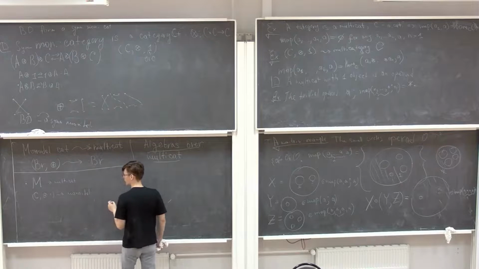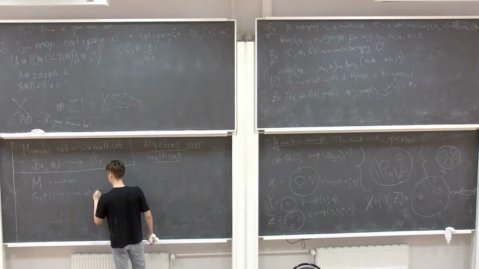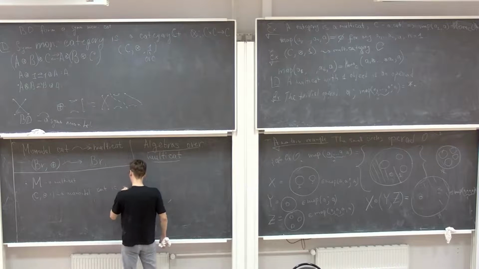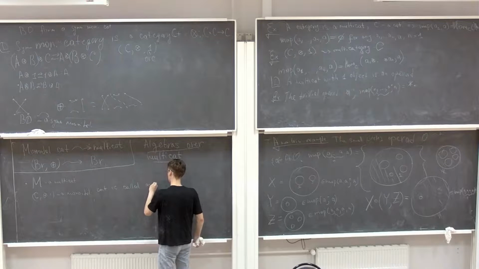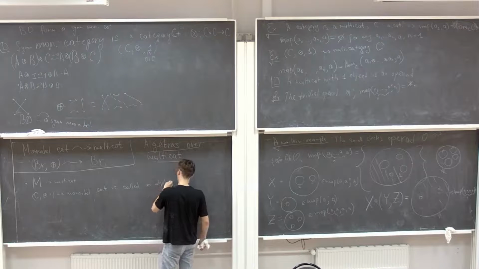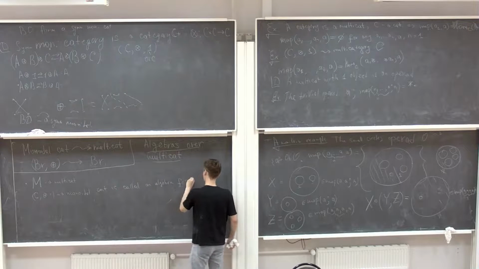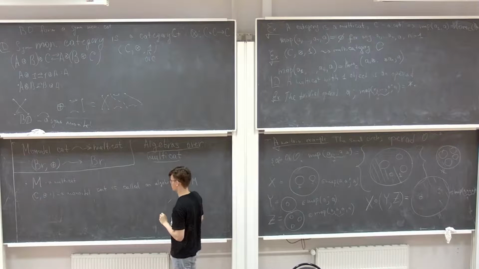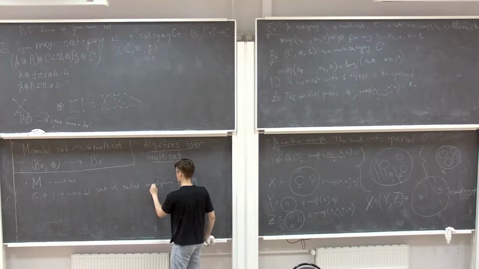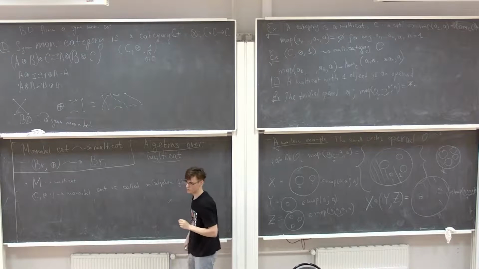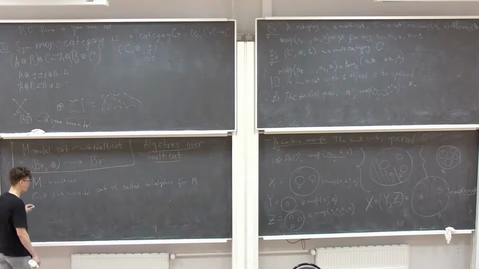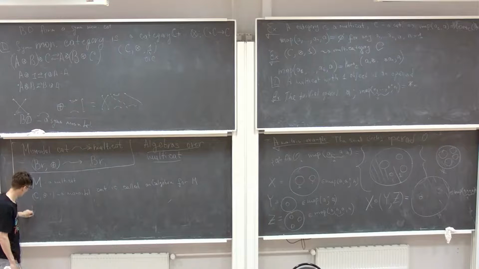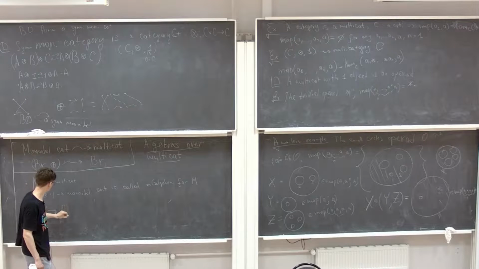This monoidal category is called an algebra for M, maybe a C-algebra, even though it would sound awkward, if there is a map from the objects of M to objects.